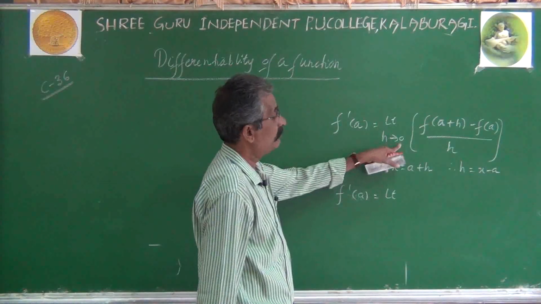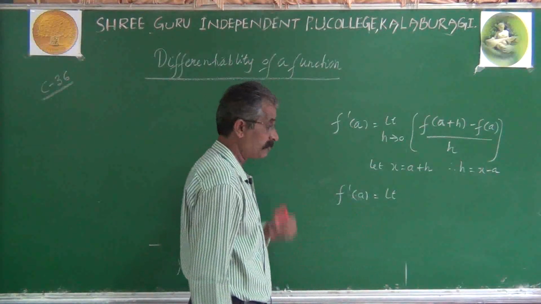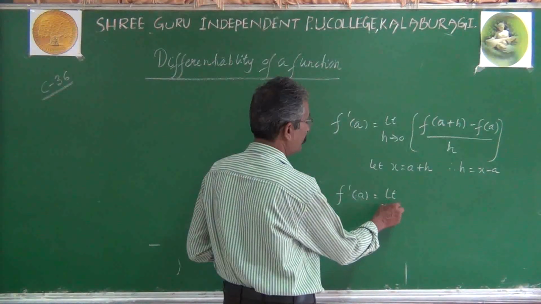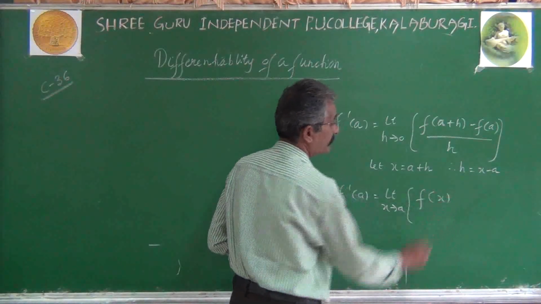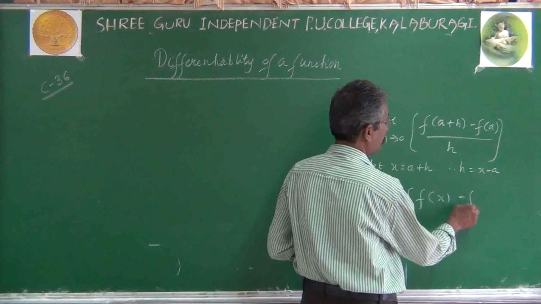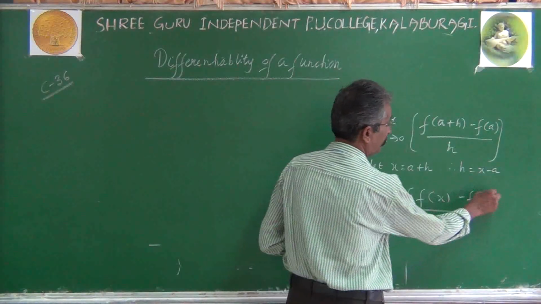Now h value is 0. When h value is 0, x equal to a, so what does it become? Limit x tending to a, f of what is a plus h? x, minus f of a divided by h. What is h? x minus a.